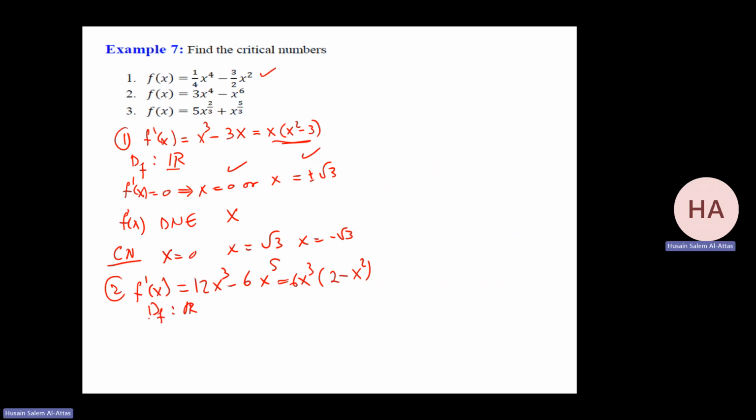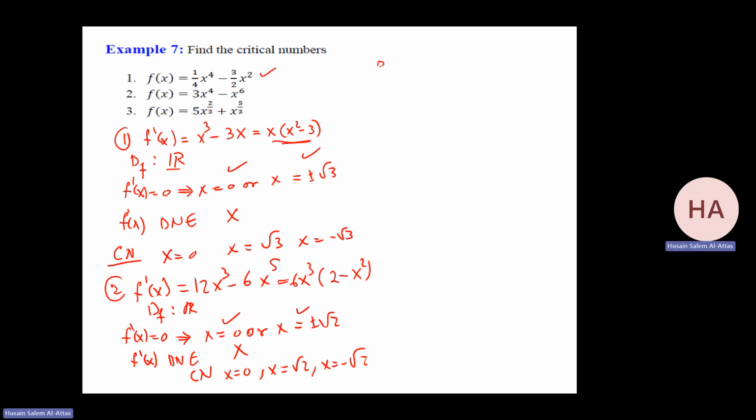All real numbers. Okay, f prime of x equals 0. I'm getting x equals 0 or, actually, plus or minus square root of 2. F prime does not exist? Impossible. So what are the critical numbers? x equals 0, which is in the domain because the domain is all real numbers, x equals square root of 2, and x equals minus square root of 2.